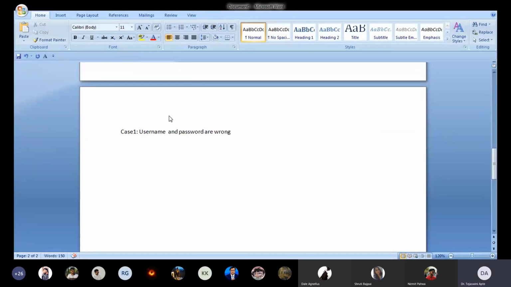Then the error is displayed. Second is case 2, which says username is correct and password is wrong. Again, the error is displayed. Are you getting all the participants what I'm saying?